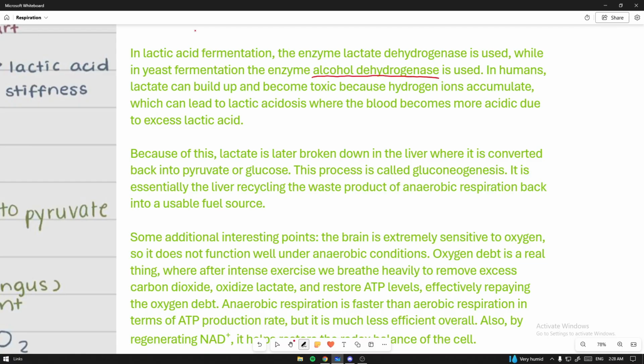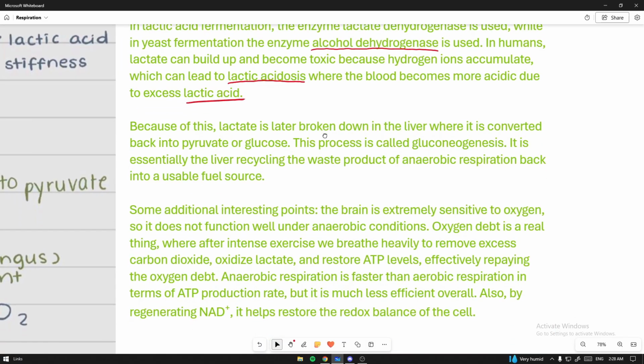In humans, lactate can build up and become toxic because hydrogen ions accumulate, which can lead to lactic acidosis, where the blood becomes more acidic due to excess lactic acid.